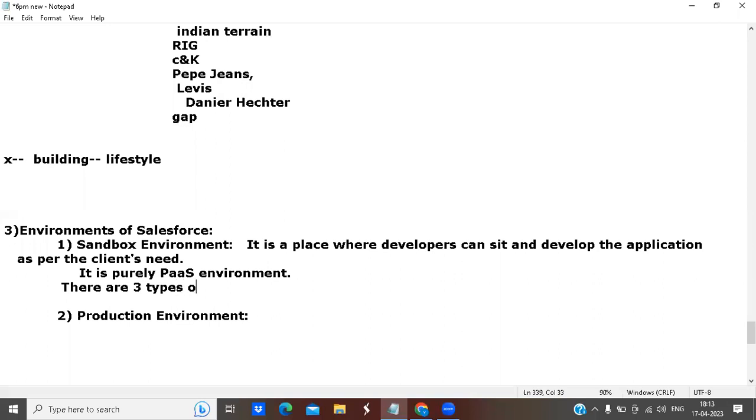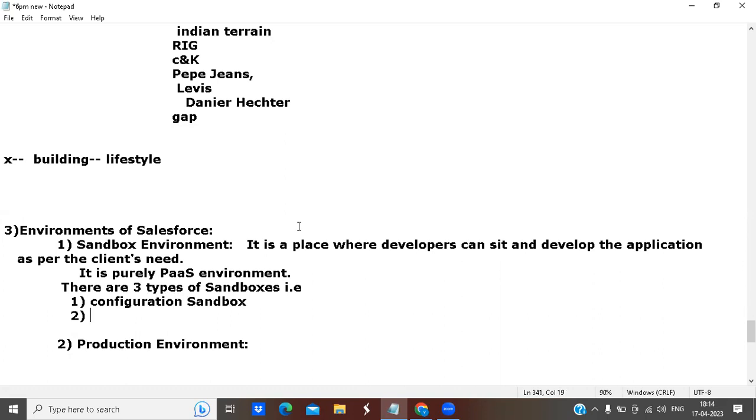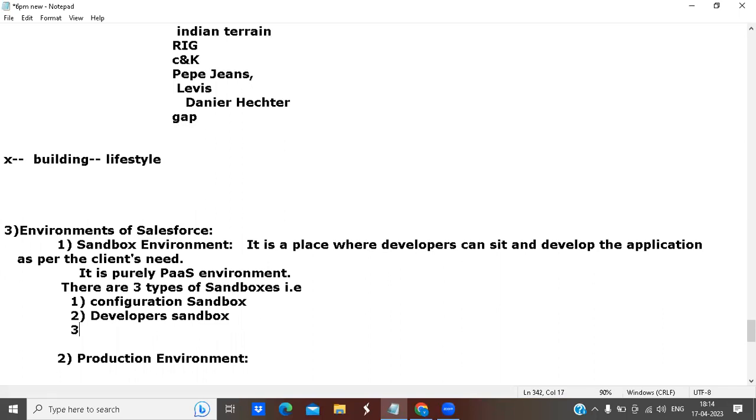And there are 3 types of sandboxes here. That is configuration sandbox, developer sandbox, and full copy sandbox.